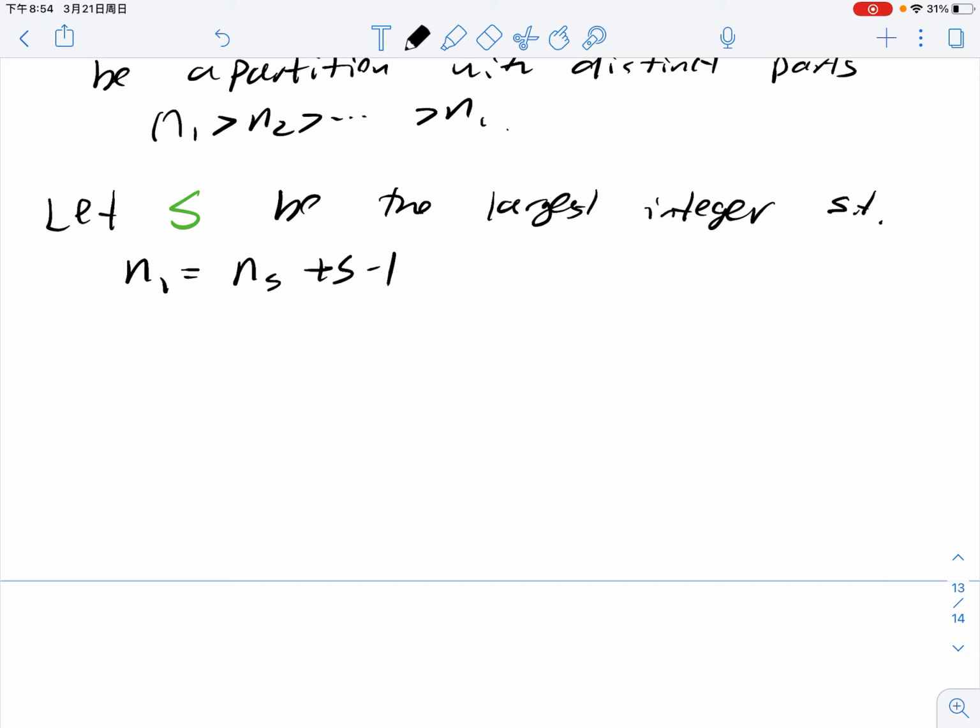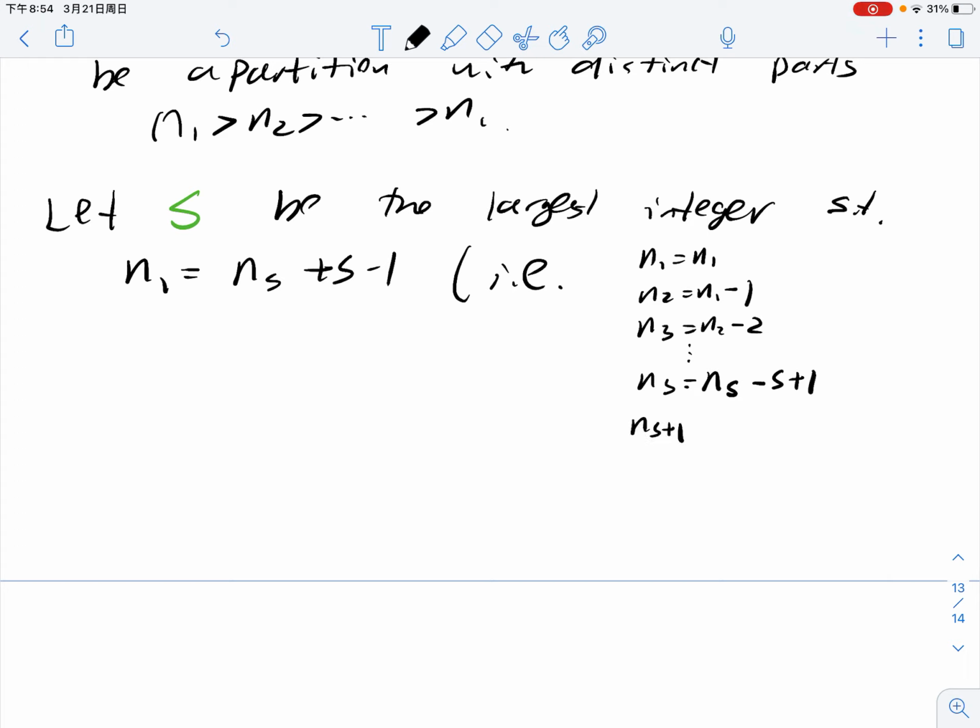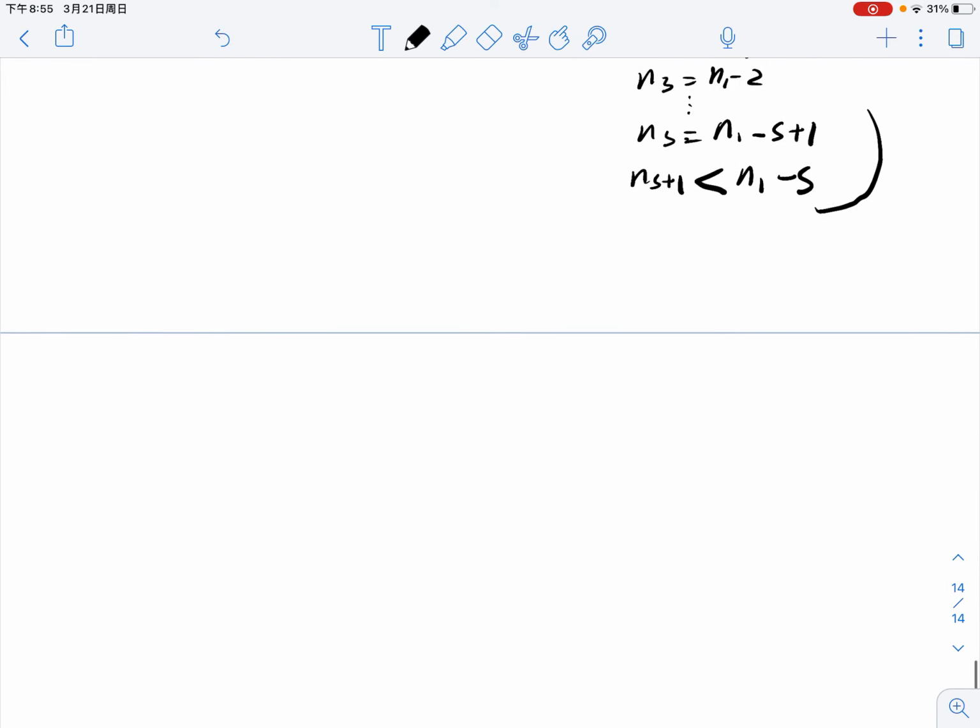In other words, we have n1 is n1, n2 is n1 minus 1, n3 is n2 minus 2, ns is n1 minus s plus 1, but ns plus 1 is strictly less than ns. So this s is an invariant we are going to use.